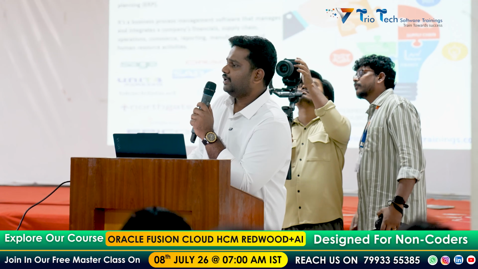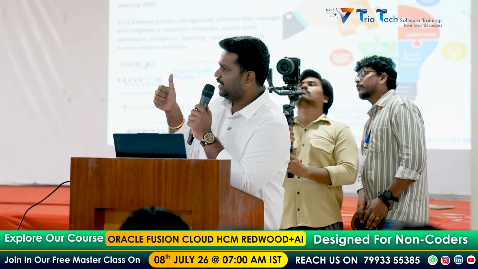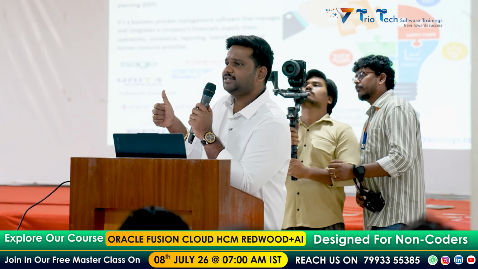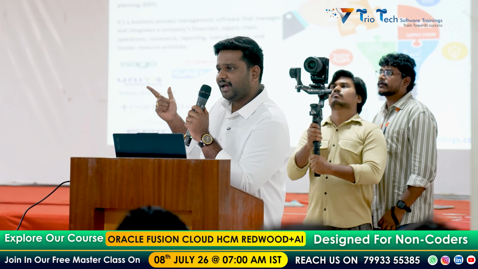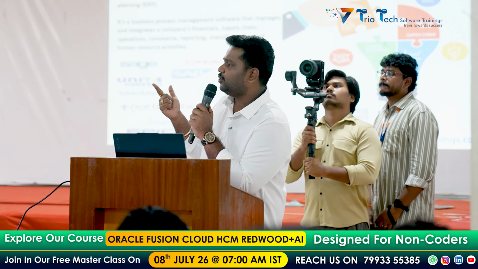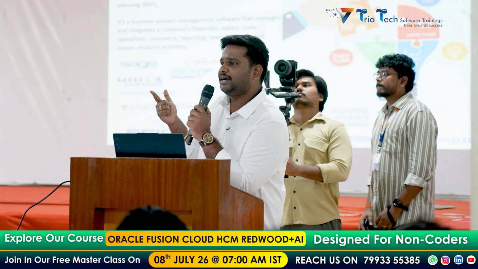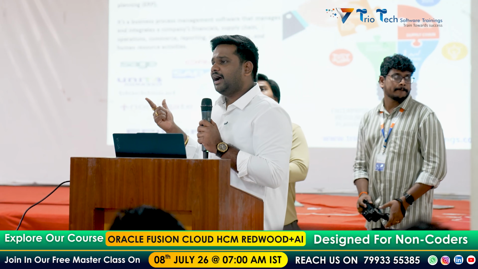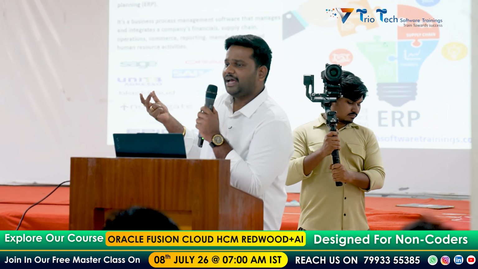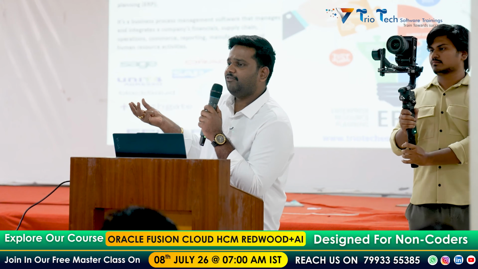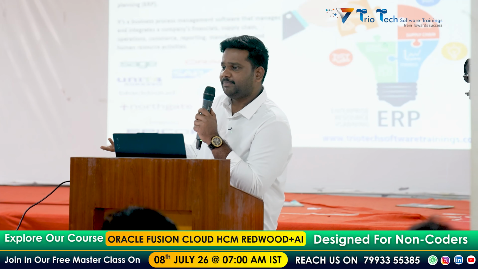Means what? There will be a HR department in every company to manage all the employees in that organization, right? And they will have finance department to handle all the finance related activities in that company. And they will have supply chain and operations department. They have expense department. They have marketing department, sales department.